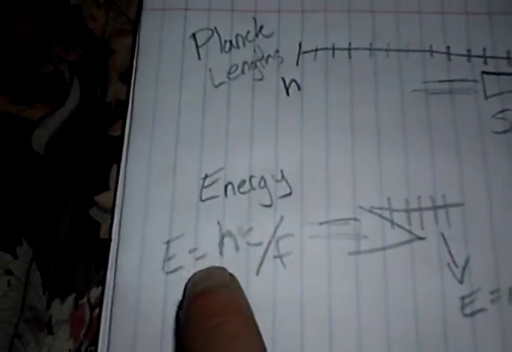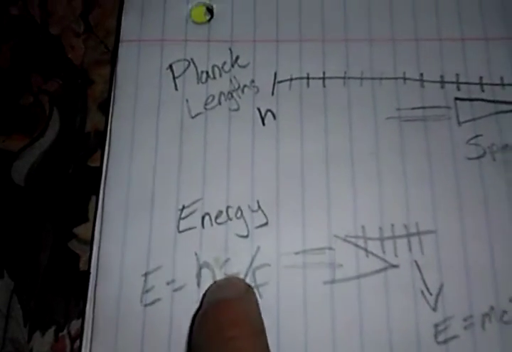This is energy: Planck lengths times the speed of light over the frequency. As the ship is flying through space across energy, the amount of Planck lengths is increasing.